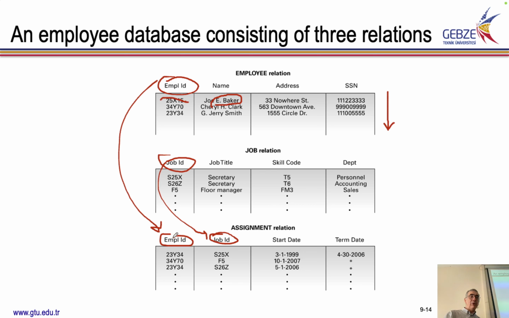Get this employee ID, look at the assignment table, find that it's here, find the job ID, go back to the job table, find that column, and find the department, which is accounting or whatever. So, is it more difficult? Could be, but it's more logical because data is encapsulated by concerns. You don't store everything in one line.